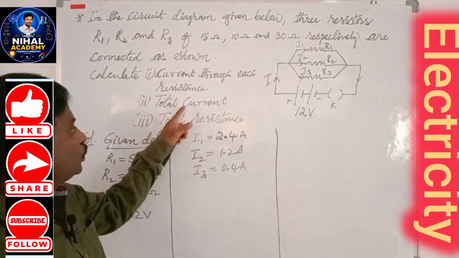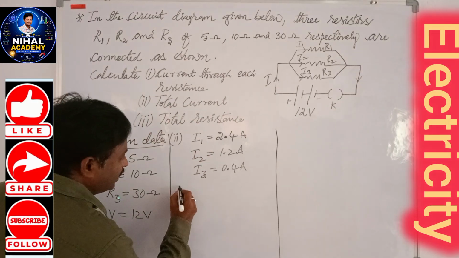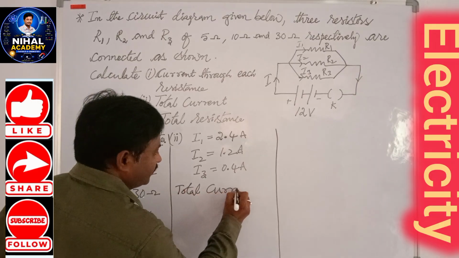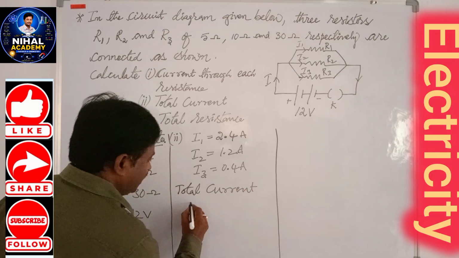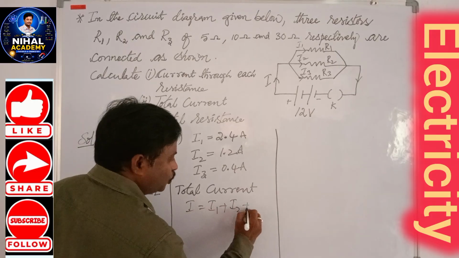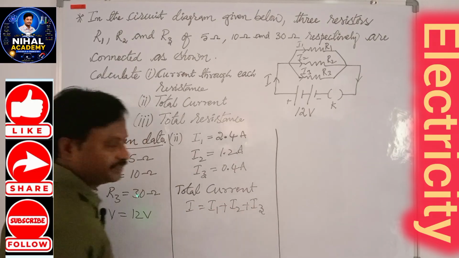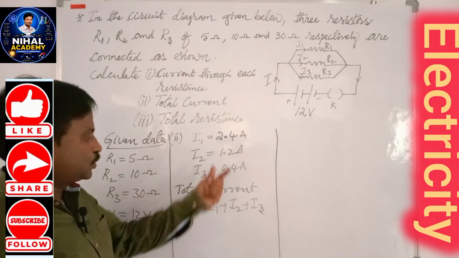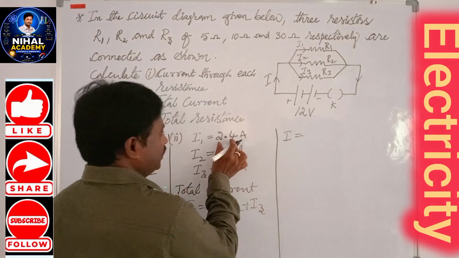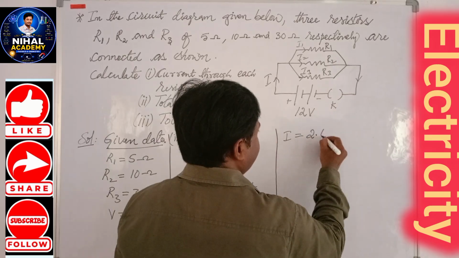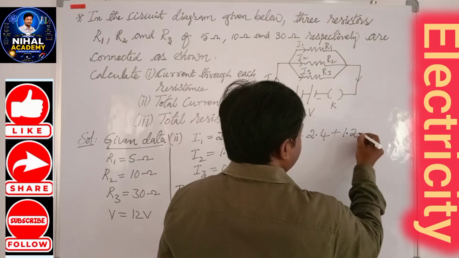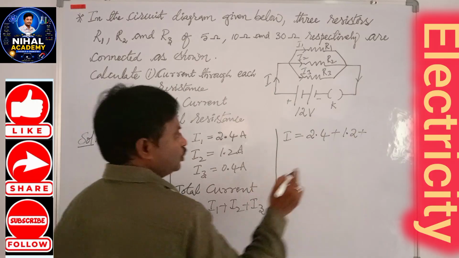Now how to calculate the total current? The total current I is equal to I1 plus I2 plus I3. Now we'll substitute the values here. So I is equal to I1 2.4 plus I2 1.2 plus I3 0.4.